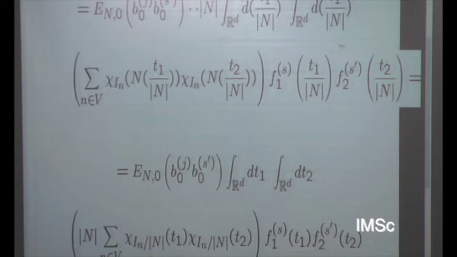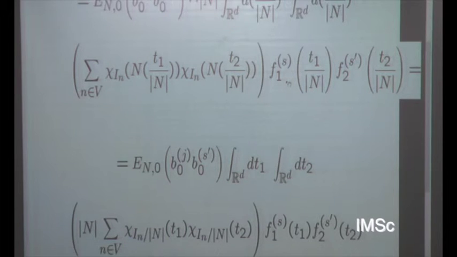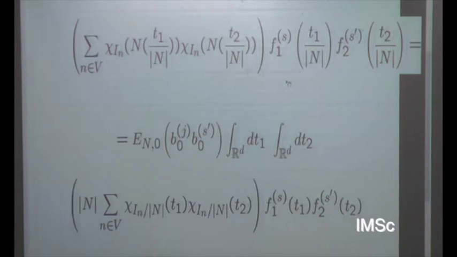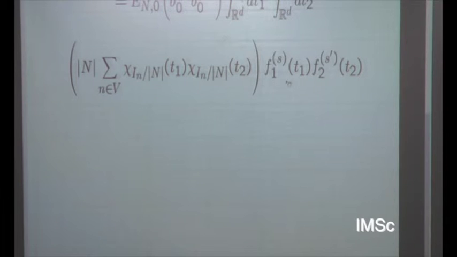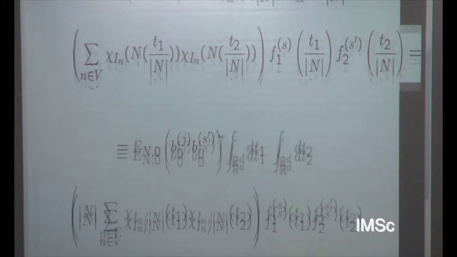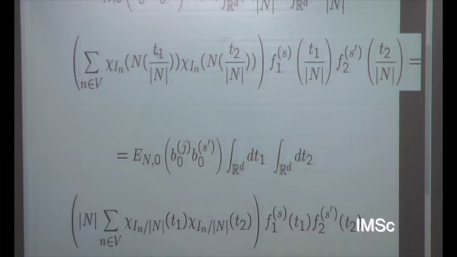What is the advantage of the change of variable? Well, let us see the final result. I am using now that t over the cardinality of n is in the characteristic set In if and only if t is in the characteristic set of In divided by n.